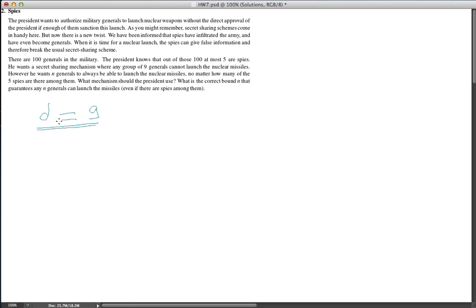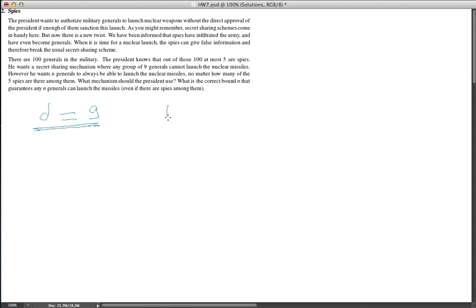Because we know that if we have 10 points, there is a unique degree 9 polynomial that passes through those 10 points, and if we have 9 points for this polynomial, basically they are not able to get the secret key.